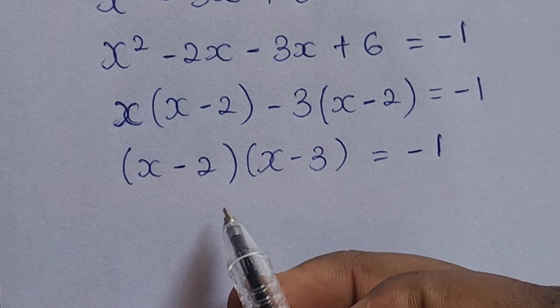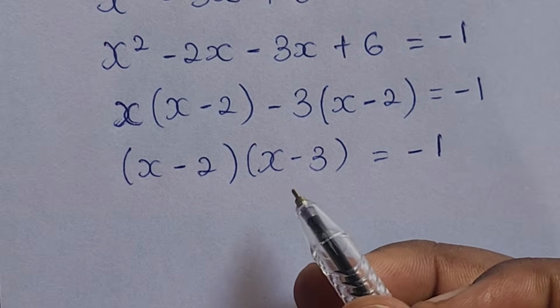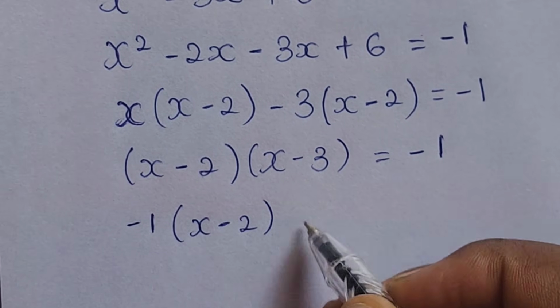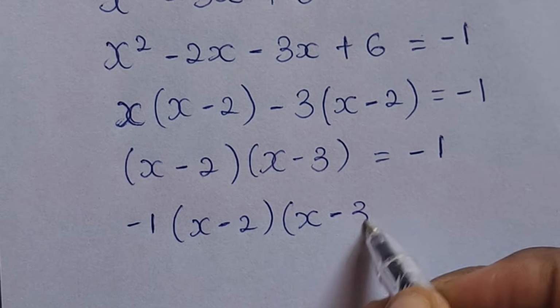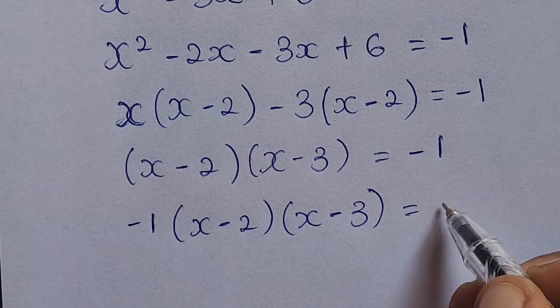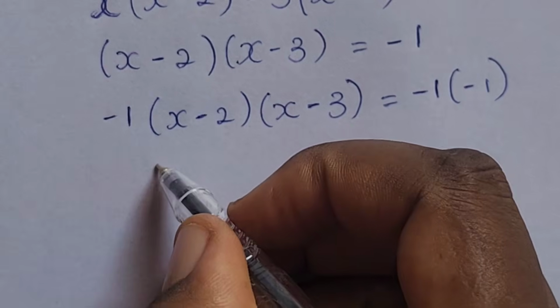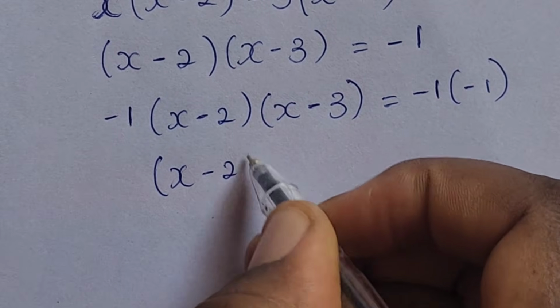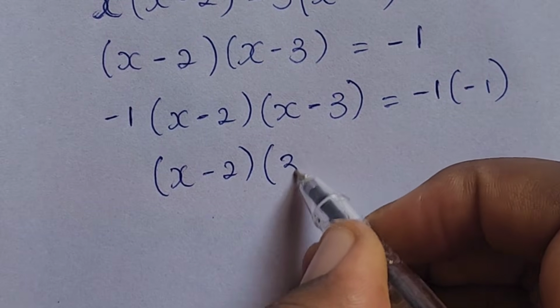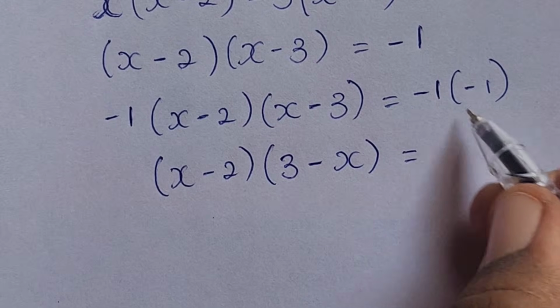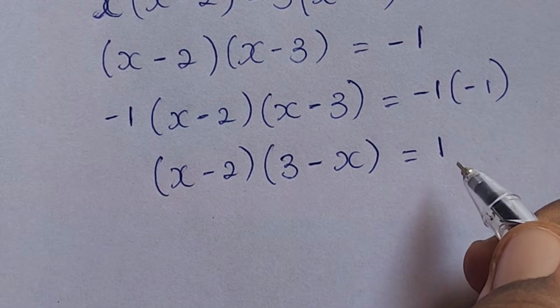When we multiply both sides by minus 1, we have (x minus 2)(3 minus x) equal to minus 1 times minus 1, which becomes positive.